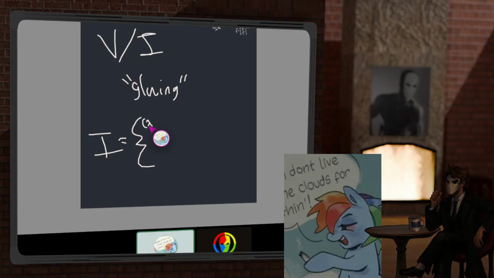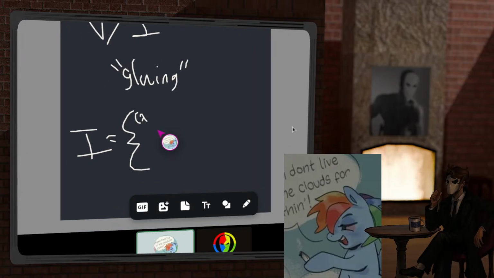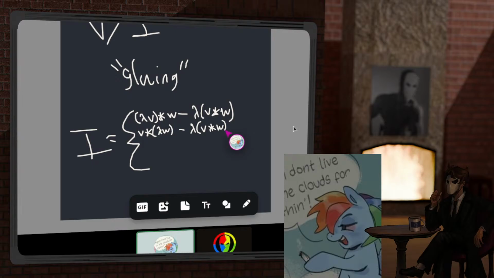So lambda v star w minus lambda v star w, v star lambda w, minus. I think.